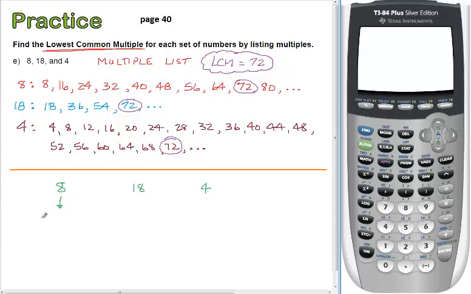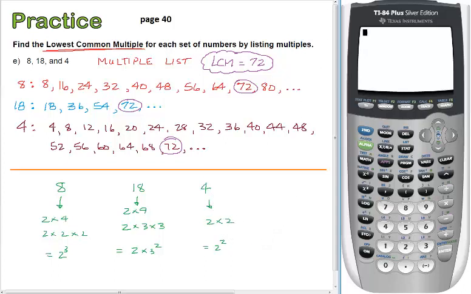Now 8 is, of course, 2 times 4, and that 4 breaks down to 2 times 2, so 8 is really 2 times 2 times 2, or let's write it as a power, 2 cubed. 18 is 2 times 9, and 9 breaks down to 3 times 3, and we'll write that as 2 times 3 squared. 4, of course, is 2 times 2, and we write that as 2 squared.